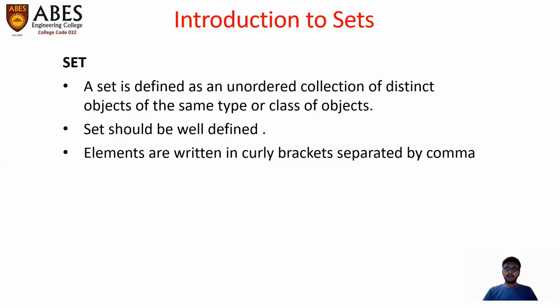Elements are written in curly brackets, separated by commas. So if we write the elements of a set, they should be written inside curly brackets, and if more than one element is present, they should be separated by commas. I am taking an example. Here is the set S, and inside the curly brackets I will write the elements.